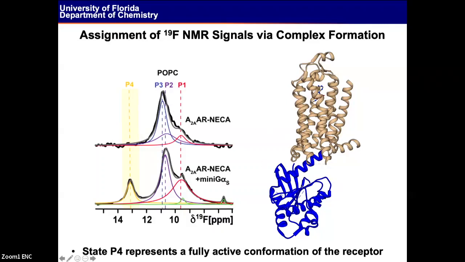And to that same sample, we can add a G protein. So that's shown here in blue. And in so doing, we can then populate, again, this state P4 that you see on the left here. So this state P4, we assign to representing a fully active conformation of the receptor.